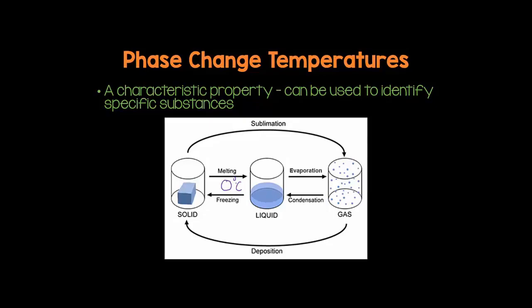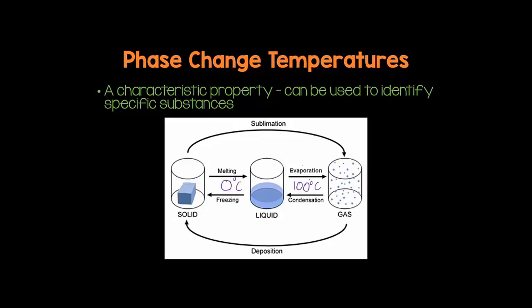Now the boiling and condensation point of water is 100 degrees Celsius, and it's the same thing. If you have a glass of water and you start heating it on the stove, when it reaches 100 degrees Celsius, it will start to boil.